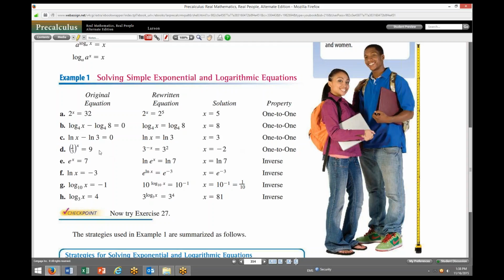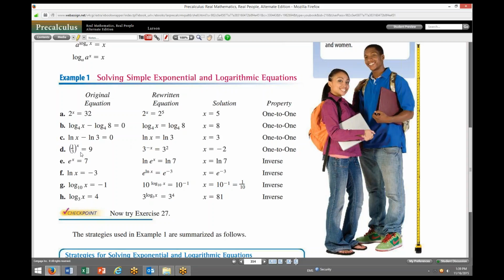It still works. All right, 1/3 to the x power equals 9. Well, 9 itself is 3 to the 2nd power, and 1/3 is 3 to the -1 power. So here's a case where both sides of the equation can be rewritten with base 3. The left side, 1/3 to the x, is the same as 3 to the -1 to the x.